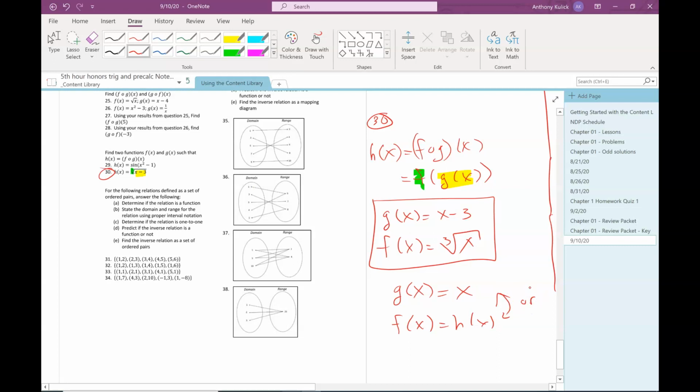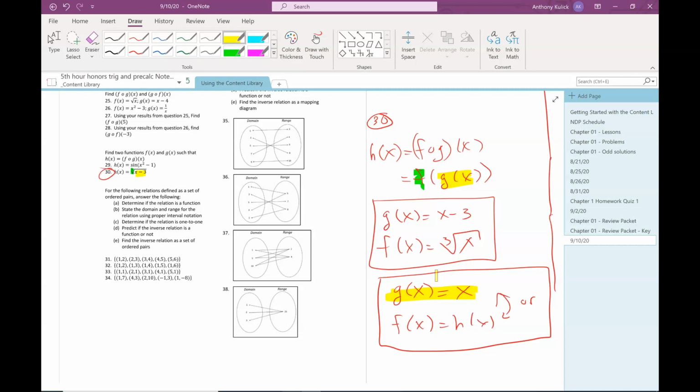That will always be true, which is kind of a cheaty way of doing it, but it didn't violate the directions. The reason this is true is that x is your identity element for the composition of two functions. So if you compose any function with x, you just get that function back.